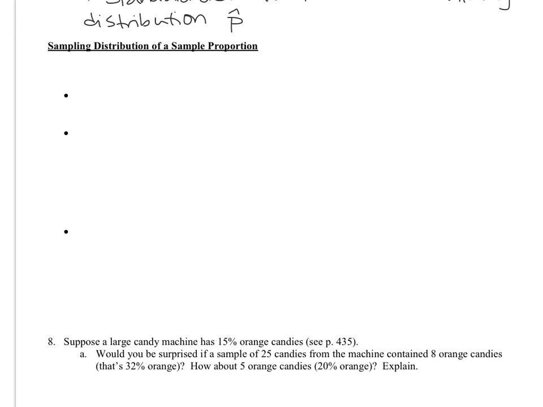Again, going over the formulas, mu sub P hat is equal to P, right? The standard deviation, sigma sub P hat, is equal to the square root of P times 1 minus P over N. And if P is not given in the problem, then P is assumed to be 0.5.